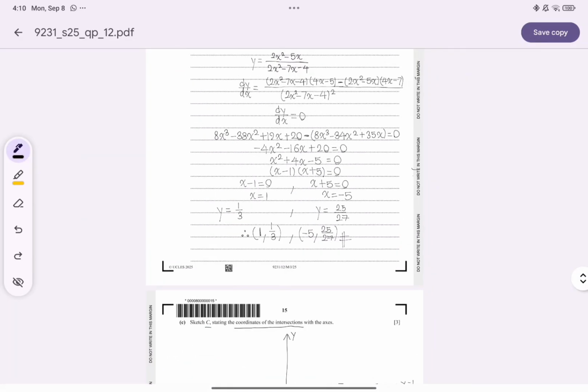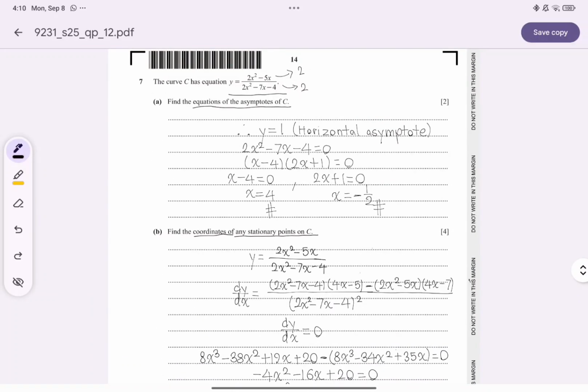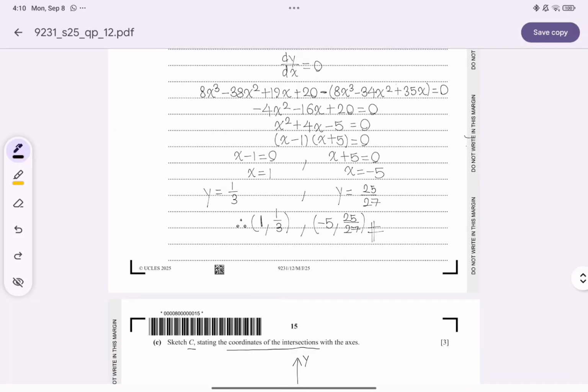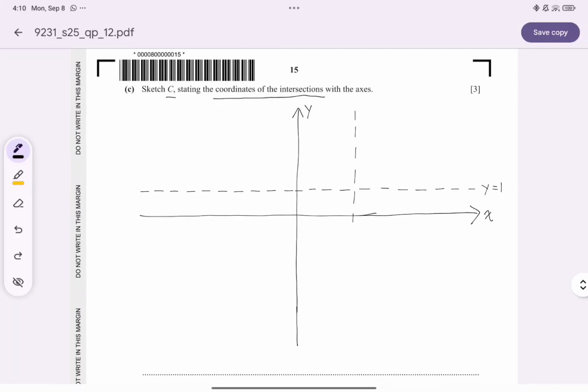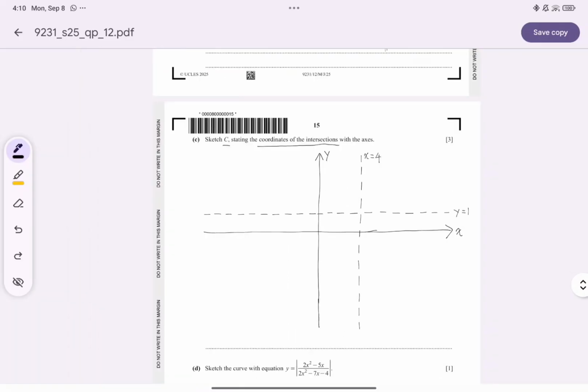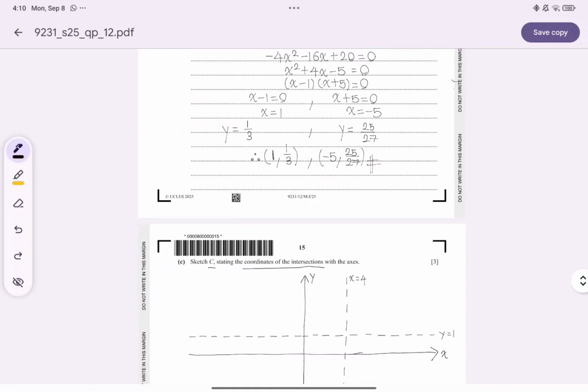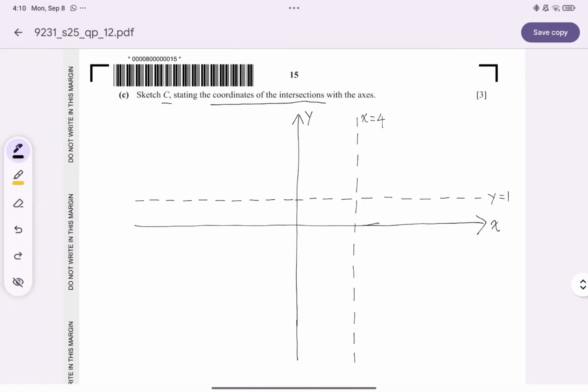Y equals to 1. And then x equals to 4. Then x equals to -12, which is a vertical asymptote.